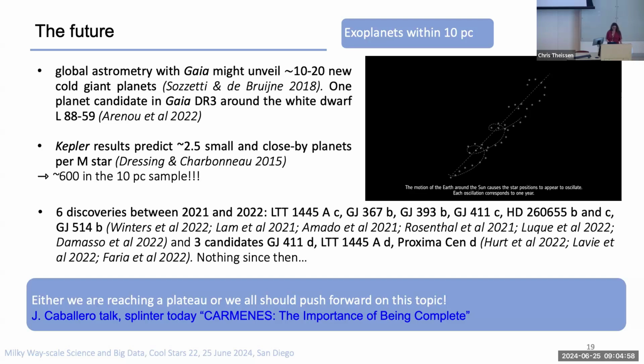At the moment, we have 85. There have been 6 discoveries between 21 and 22, and 3 candidates, but nothing since then. So either we have reached a plateau, or we all should push forward on these topics. And I will let José Caballero answer this question this afternoon.